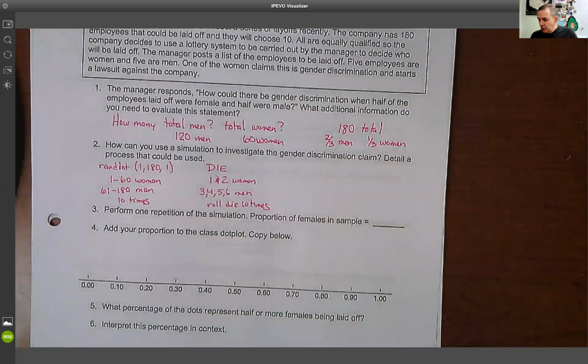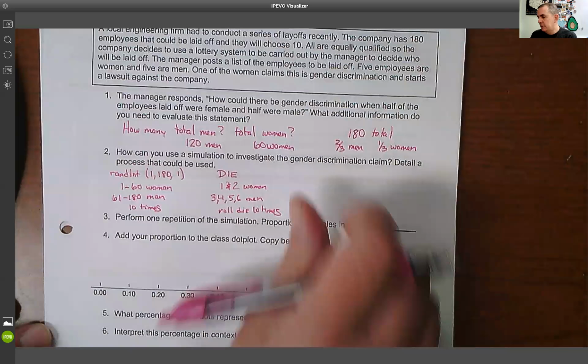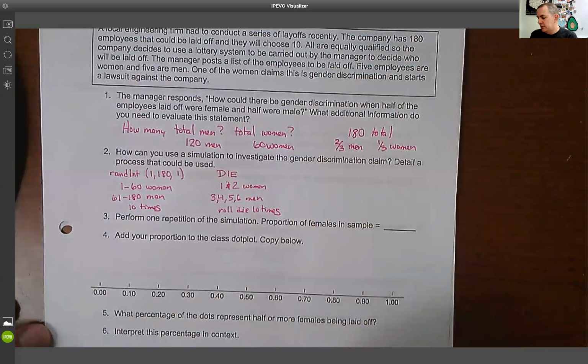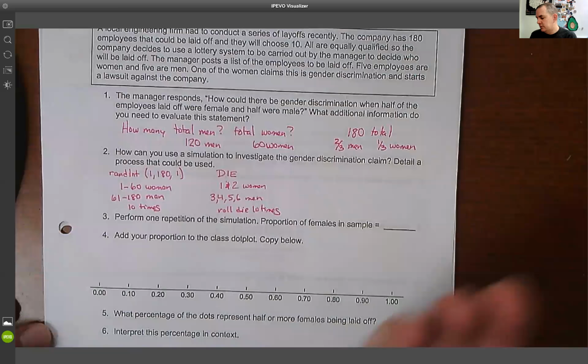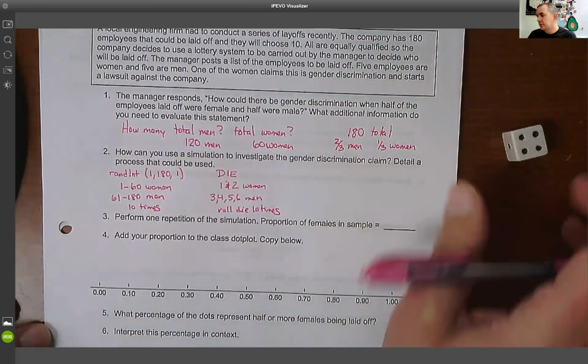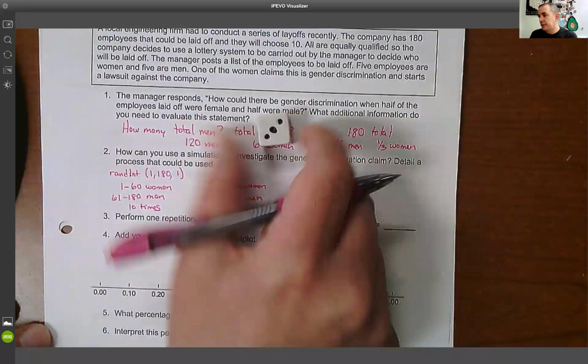So I can show you what it was like. If we were to do a die, on the camera, that's a man, 1 man, 1 woman, 2 men, 3 men, 4 men, 5 men, 5 men and 2 women, 6 men and 2 women, 7 men and 2 women.